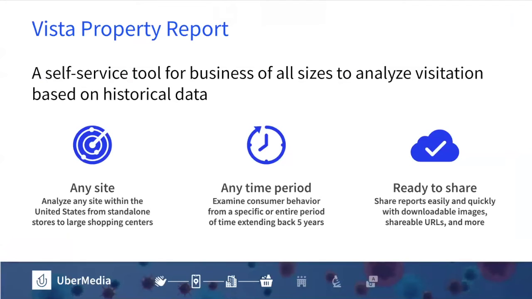And so for any businesses, small businesses, big brands that want to quickly get some information on how COVID-19 has impacted their locations, the Vista property report is a great tool for doing that analysis.